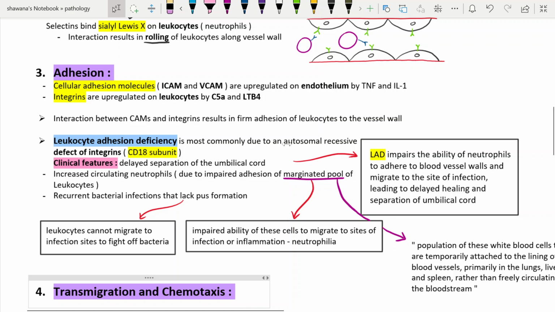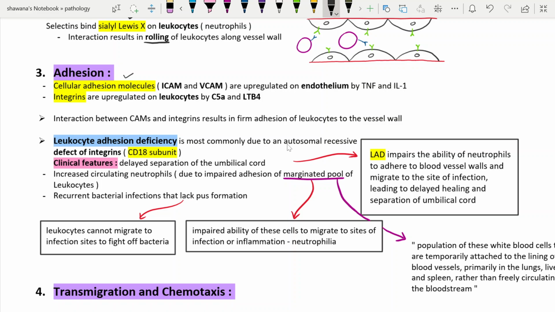The third step in the arrival and function of neutrophils, or in general leukocytes, is adhesion. There are two types of molecules that will be upregulated, first on endothelial cells and second on the leukocytes. What substances are upregulated on the endothelial cells? These are the cellular adhesion molecules, which is CAM.